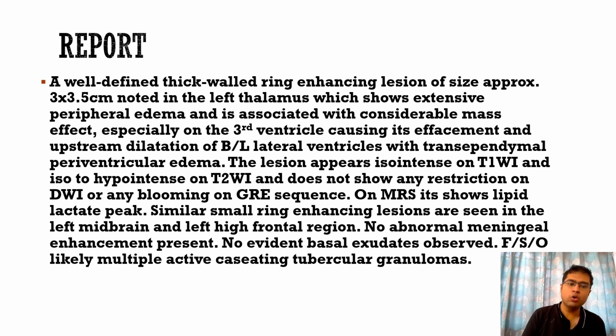On MRS, it showed a lipid lactate peak. Similar small ring enhancing lesions were also seen in the left midbrain and left high frontal region. There was no abnormal meningeal enhancement or any evident basal exudates. So I gave the possibility of an active caseating tubercular granuloma more than a tubercular abscess.